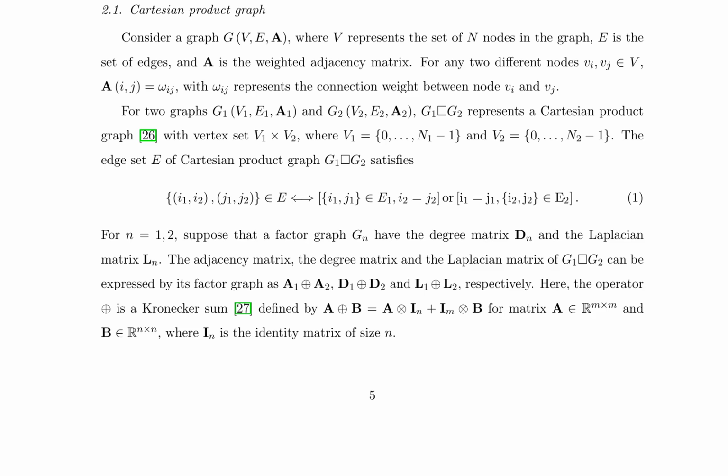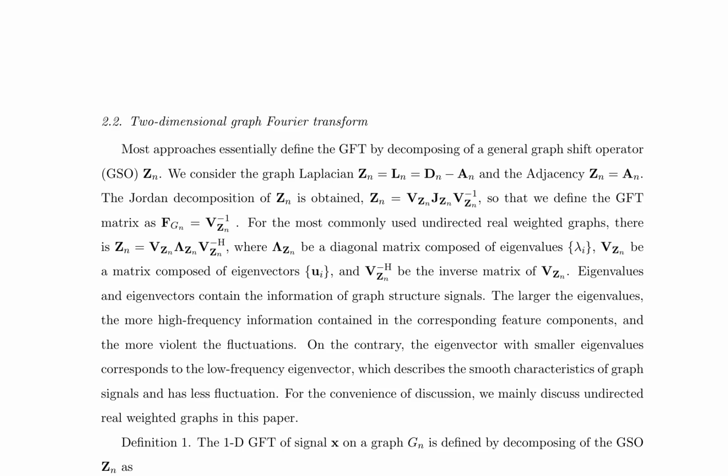The 2D graph Fourier transform is then introduced, which is defined as the Jordan decomposition of the graph shift operator Zn. For undirected real-weighted graphs, the graph Fourier transform matrix FGN is obtained, and the 1D graph Fourier transform of a signal x on a graph G is defined as O1-DGFT x equals FGN x.